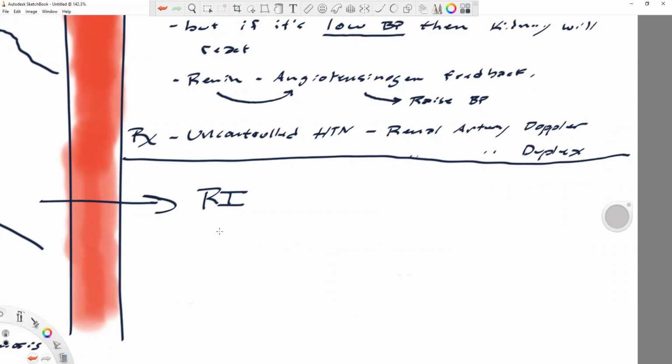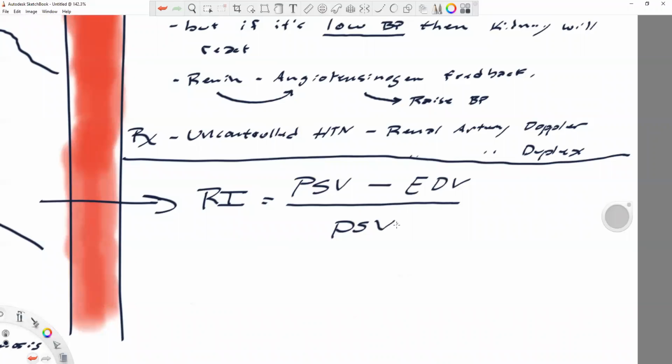Now, okay, let me write it out and then explain something, because this is going to be a little confusing. Peak systolic velocity minus end diastolic velocity divided by peak systolic velocity.